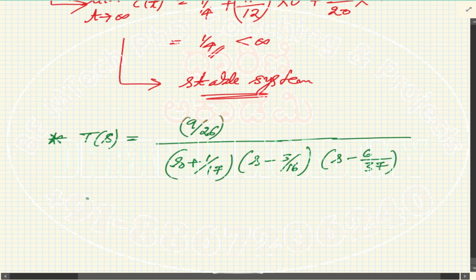All right, this is the transfer function, and let the input once again be equal to 1 by s.